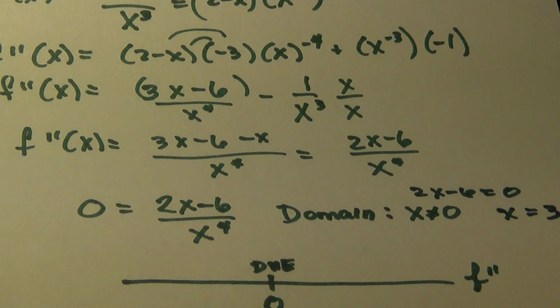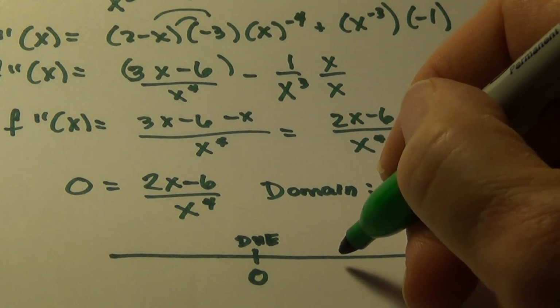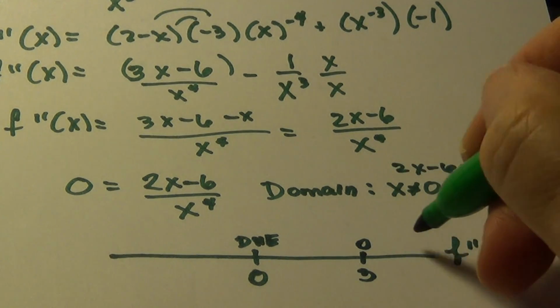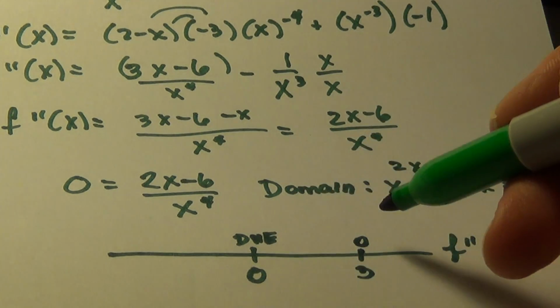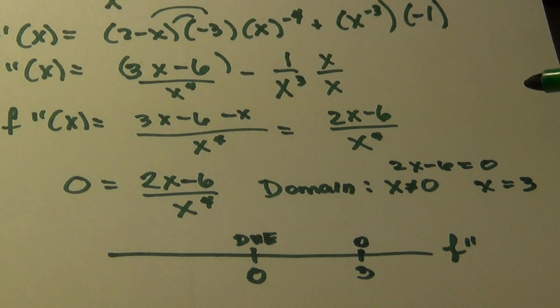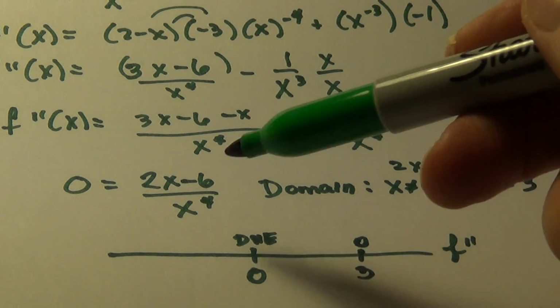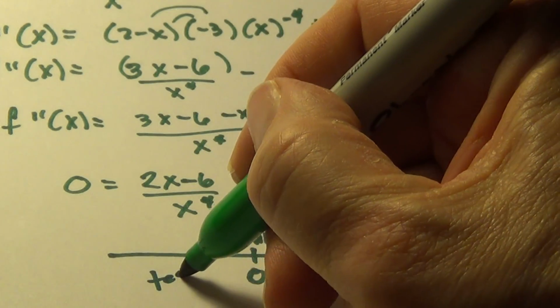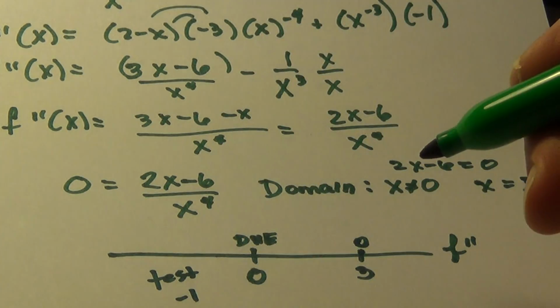So that is a possible point of inflection. So I'm going to mark that on my little number line here. And that's where I put a 0, reminding myself that this is where it doesn't exist and this is where it zeroes out the second derivative. To find points of inflection, we check the concavity on either side. So I'm going to test -1 here.